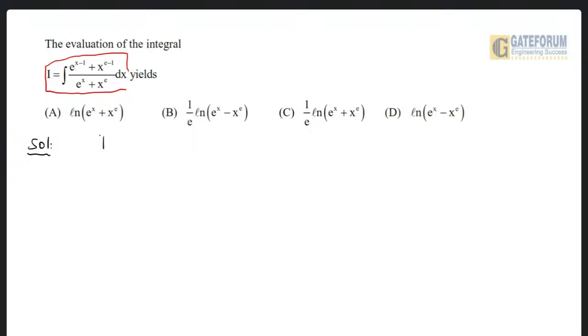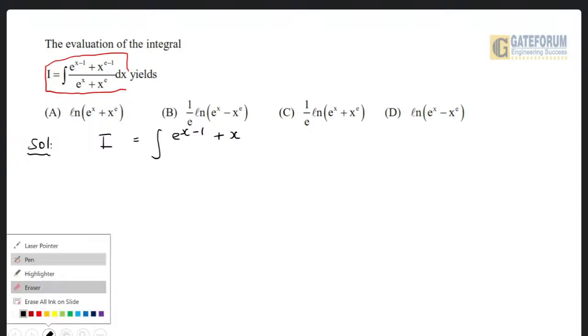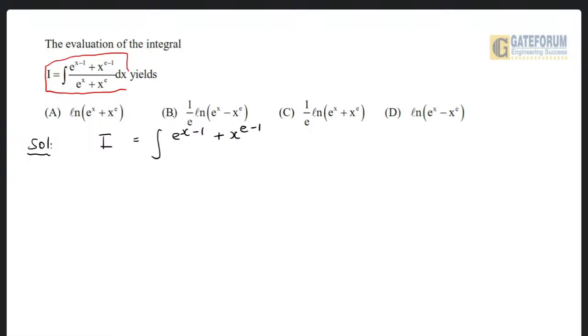So I is equal to integral of e power x minus 1, x to the power e, sorry. E power x derivative is e power x. So we have to eliminate here e power minus 1. X power e derivative is e into x power e minus 1.